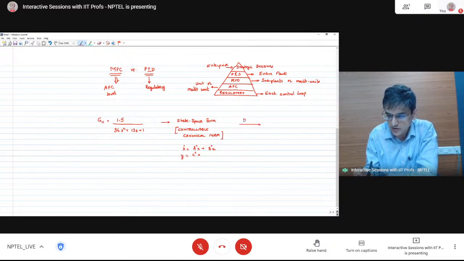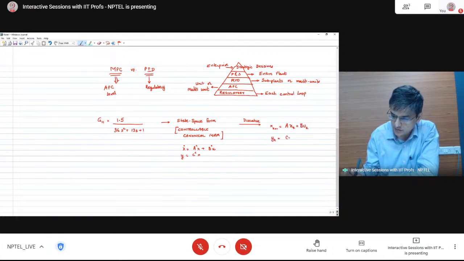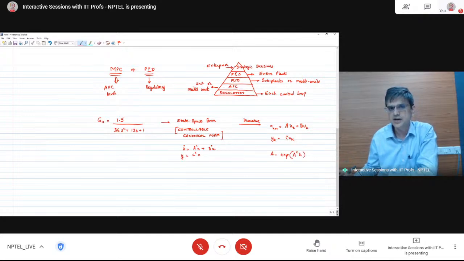After that, you can do discretization. How to do discretization? You'll get basically x(k+1) equal to A x(k) plus B u(k), y(k) equal to C x(k), right? Where A is nothing but e to the power AC multiplied by H, where H is the sampling interval.